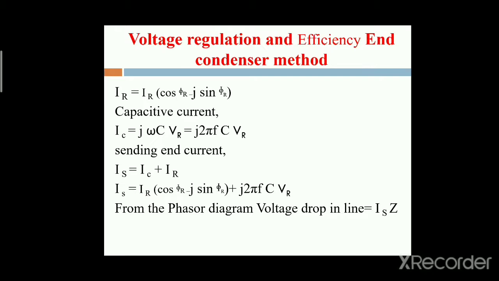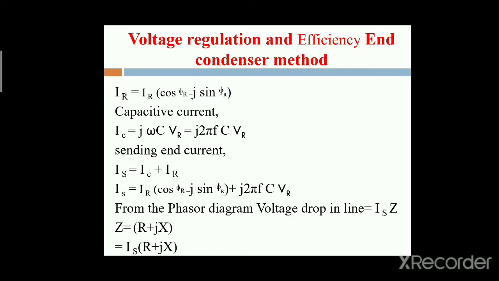Substitute the Z value. We already know the formula for Z: Z is equal to R plus JX. Substitute these values in the above equation.